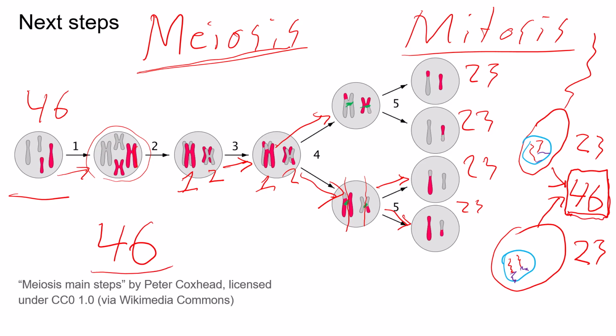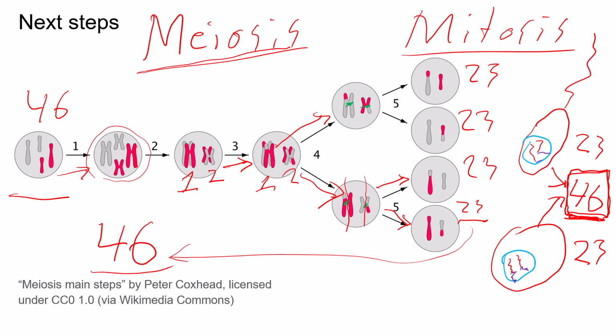And so that is how you got 46 chromosomes from your mom and from your dad. And it was a unique combination of their genes. Your mom, she mixed up some of her genes and gave you half of her genes, 23 from the 46. And your dad did the same thing.